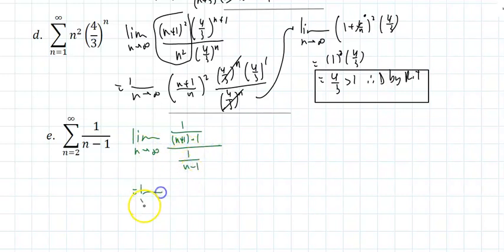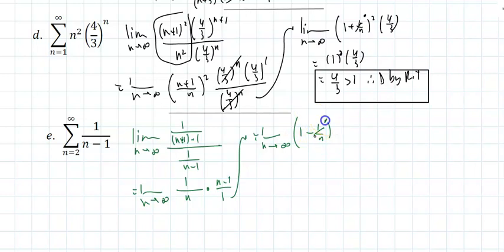That is the limit as n approaches infinity of 1 over, isn't that just n? And instead of dividing, don't you multiply by the reciprocal? So I would say this is the limit as n approaches infinity of n over n, which is 1, minus 1 over n. That's a 0. I'll get the limit to be 1. That means it's inconclusive. That means the ratio test doesn't apply.